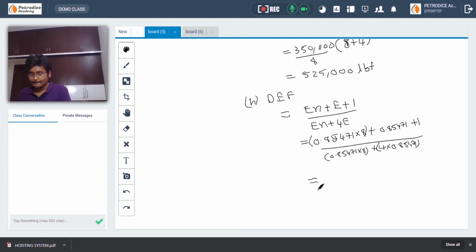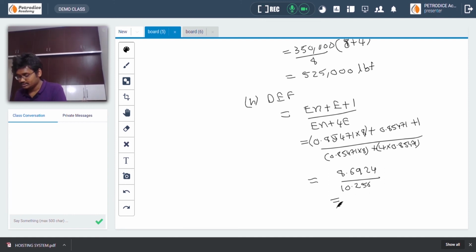It is given by 0.85471 into 8 plus 0.85471 plus 1, it is 8.6924, divided by 0.85471 into 8 plus 4 into 0.85471, it is 10.256.